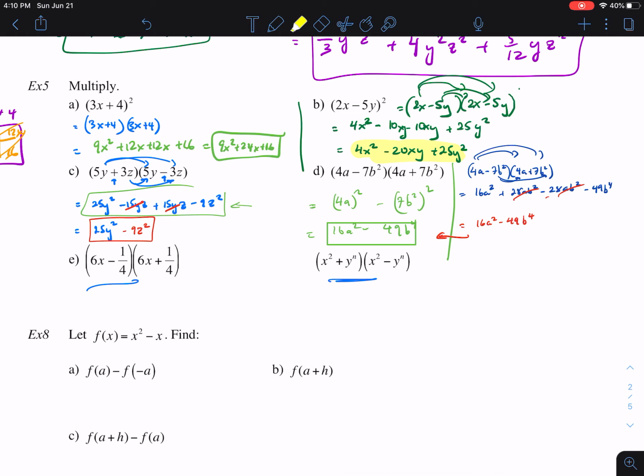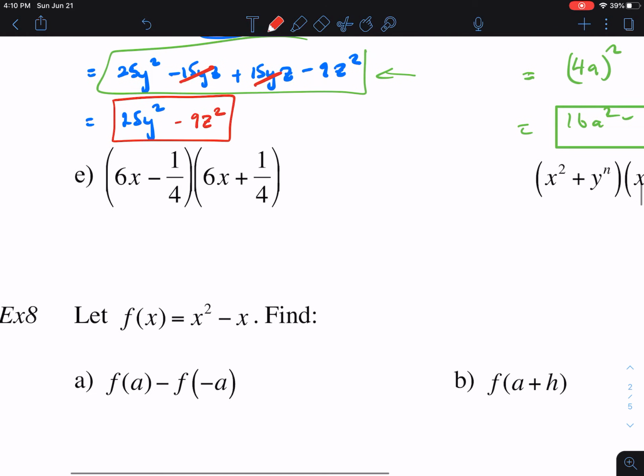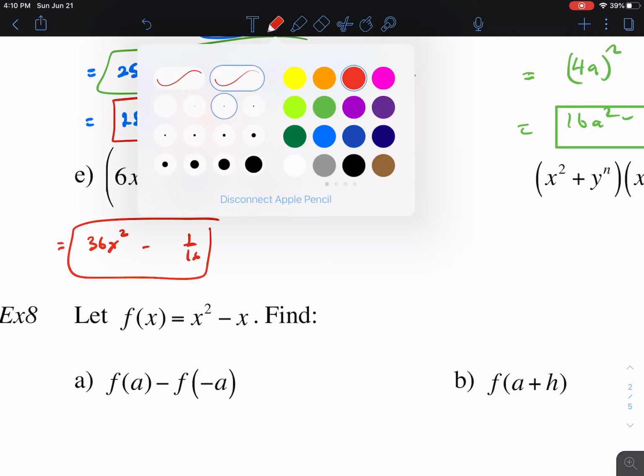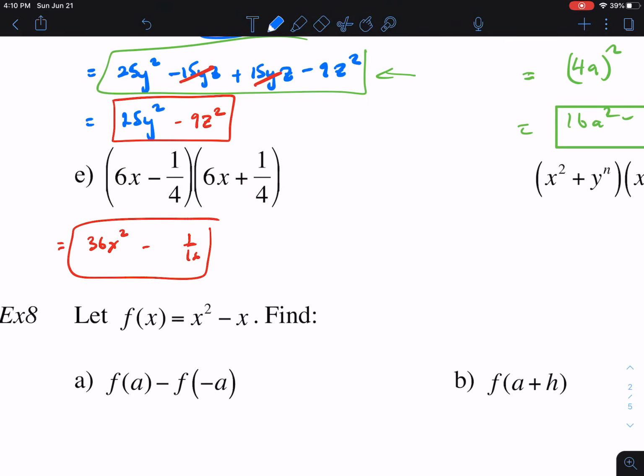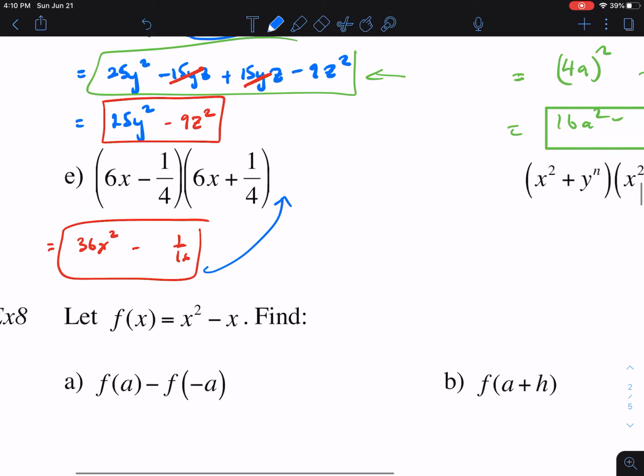Okay, so let's apply that to the next example. Same thing here, same binomial, just opposite sign in the middle. We square the first term, and we square the last term, and then we just take the difference of that. Make a note of this, because in the next couple of lessons, we're going to go backwards to factor this type of binomial.